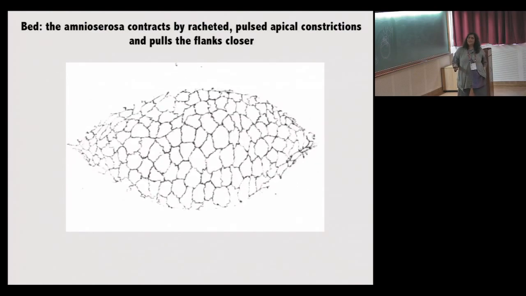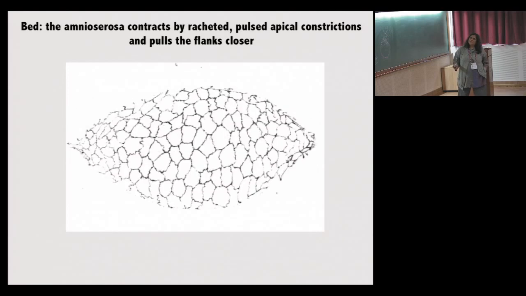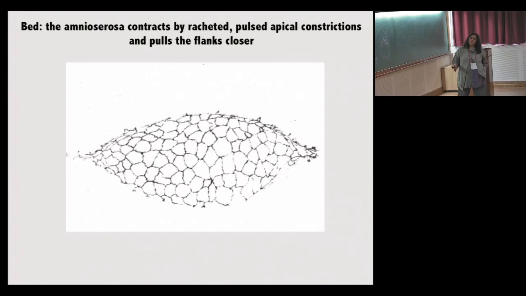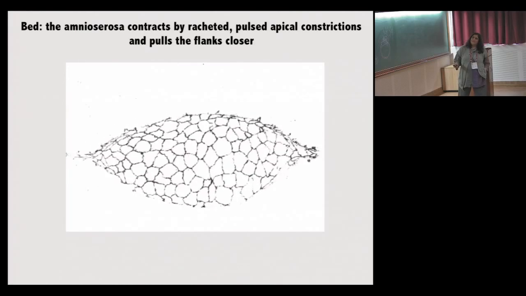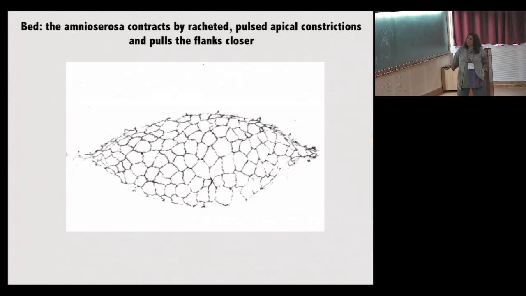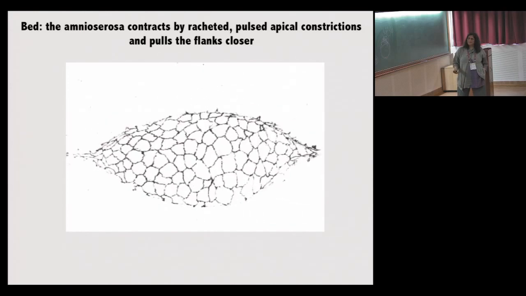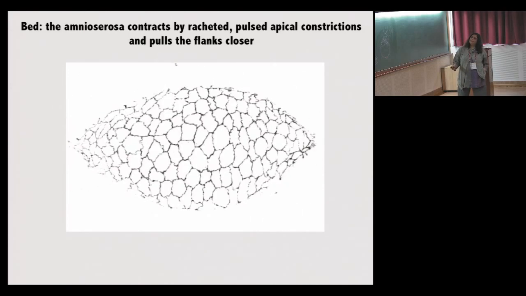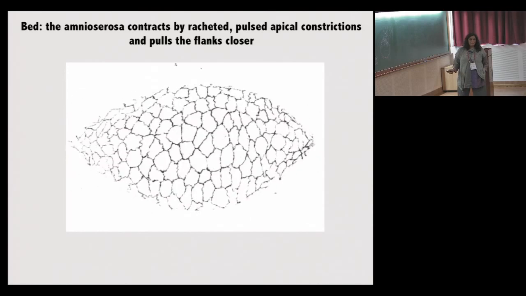You'll see that the ellipse is shrinking in size, but you'll also see that the cells that make up this ellipse are reducing in size. So this is the apical end of the cells. Just like what happened in the mesoderm during invagination, I can say that the apical ends of this tissue are actually constricting.